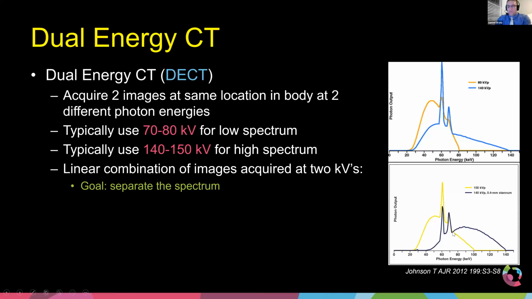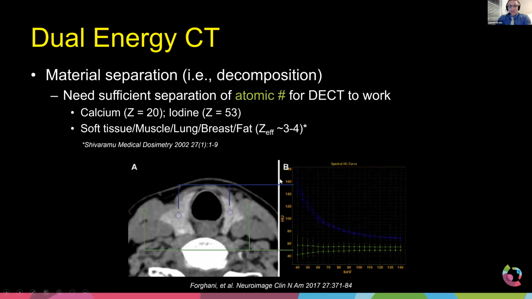The areas where they overlap, the system cannot distinguish one photon from the next. So if you get this energy, let's say 80 kV, you can see there are a fair amount of photons at both 140 generated from the 140 kV and 100 kV, but the system has no way to distinguish the difference between the two of them. So what we want to do is we want to separate those two curves as much as possible.